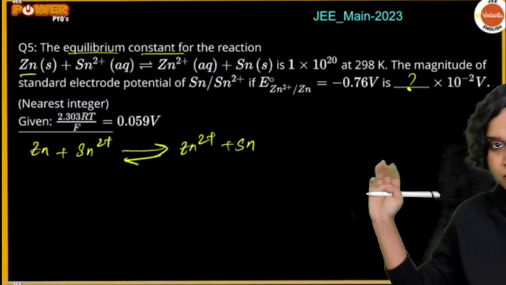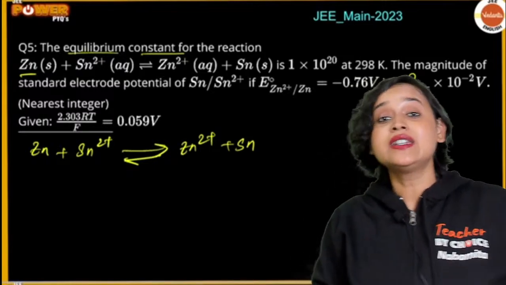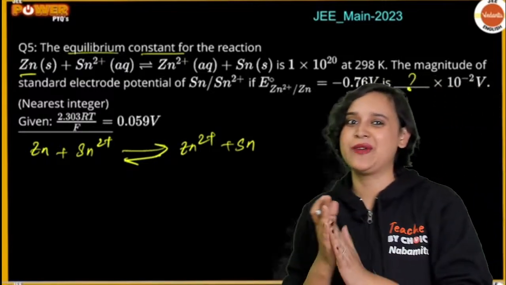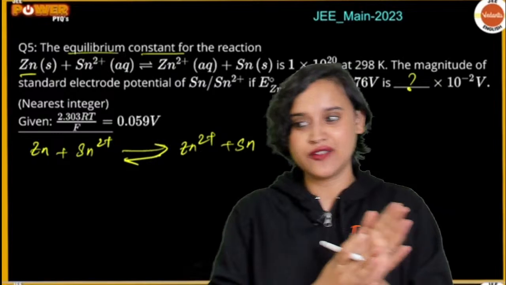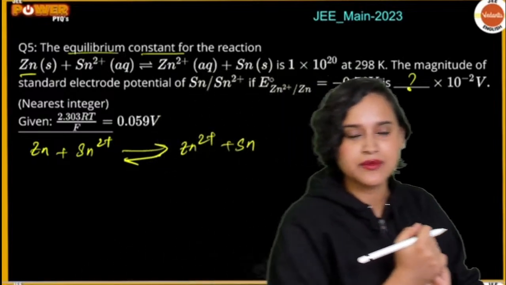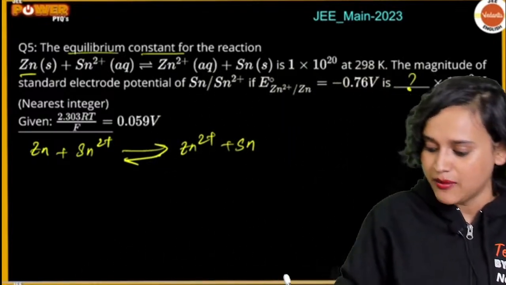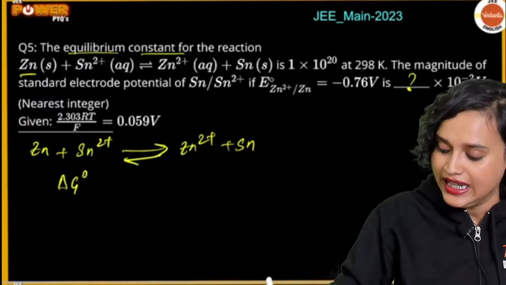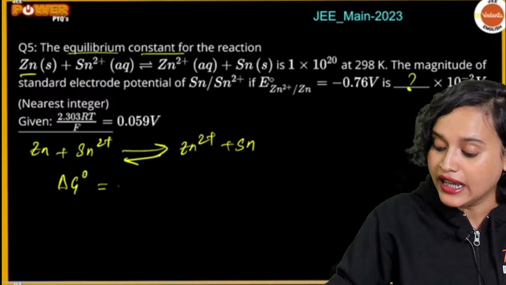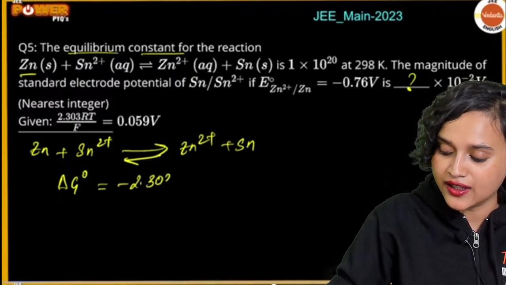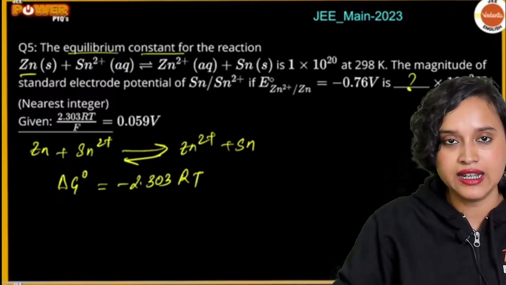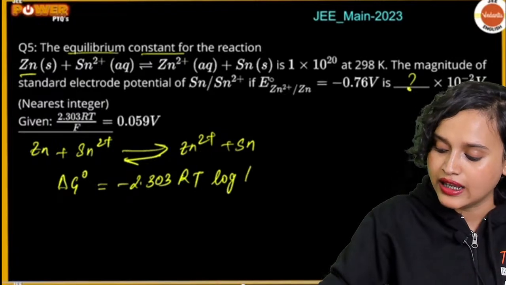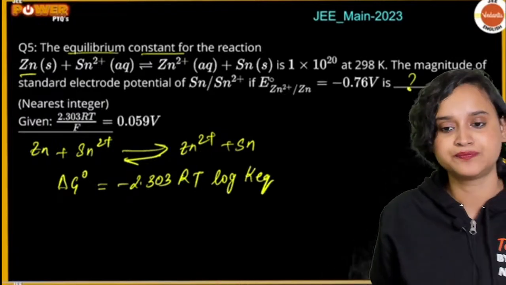Now right here, what formula do you expect? What formula are we going to use? Are we going to use the same formula? In a while maybe, but right here you need the formula delta G naught is equal to minus 2.303 RT log K EQ.